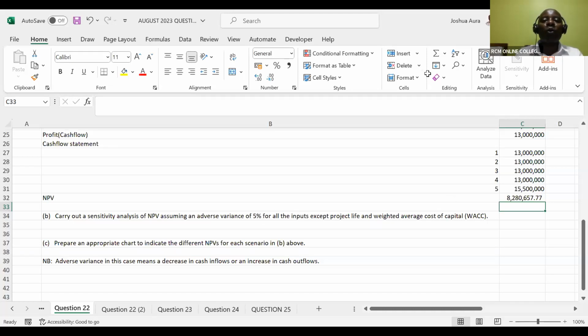What do we know about sensitivity analysis? Sensitivity analysis, we vary, we change variables over a model one at a time, and then you observe the impact of that change on that variable on the net present value.